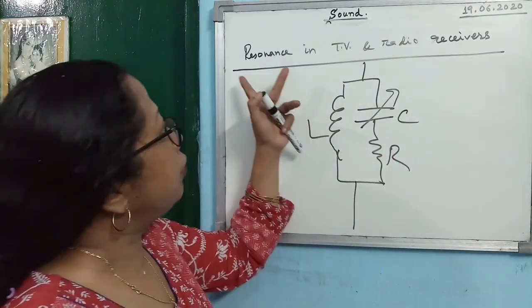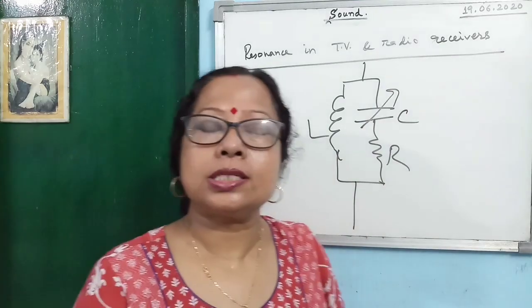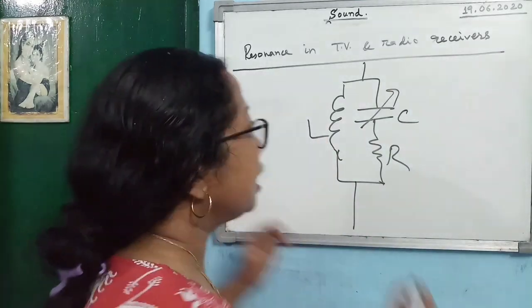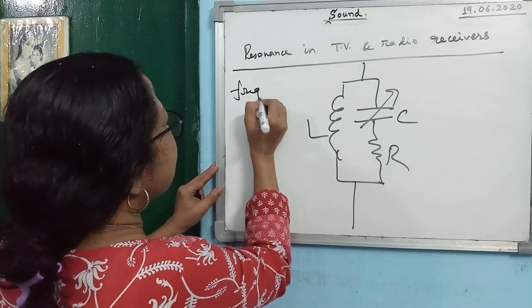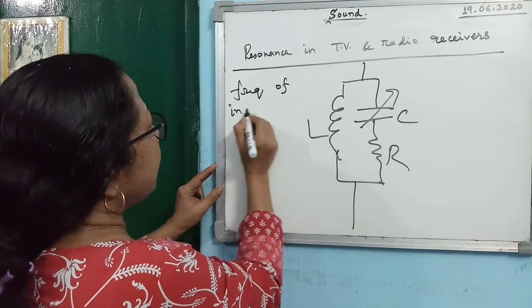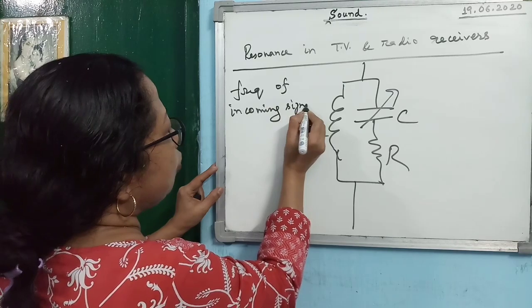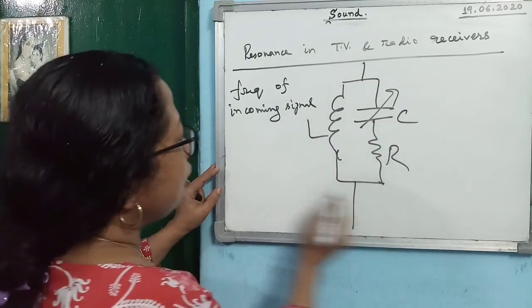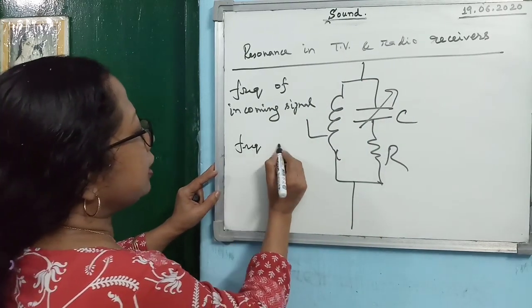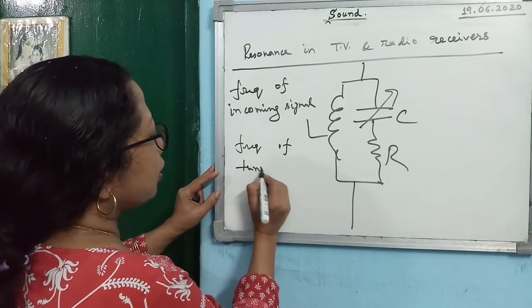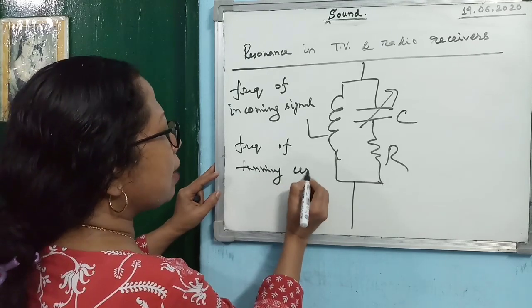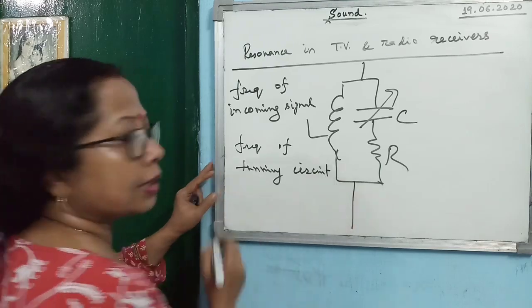So in case of resonance in TV and radio receiver, what are the two frequencies? Frequency of incoming signal, and the other is the frequency of the tuning circuit. Sometimes we call it the receiver circuit also.